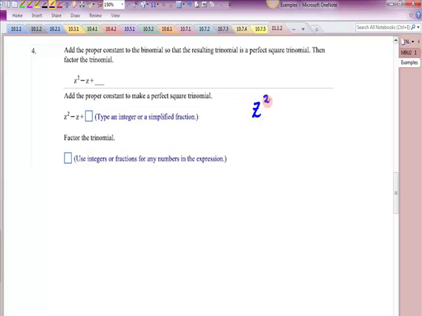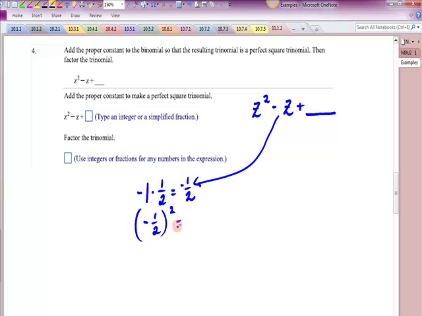I have z squared minus z plus something, and I need to figure out what the something will be for it to become a perfect square trinomial. I take the coefficient of the z term, which is an implied negative 1. I take half of it for negative 1/2. I square that, square the top for 1, square the bottom for 4.